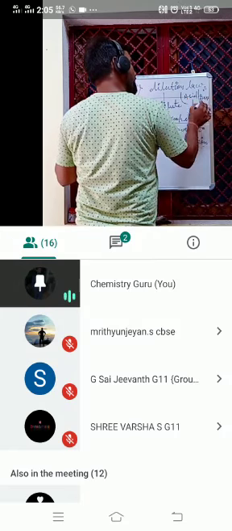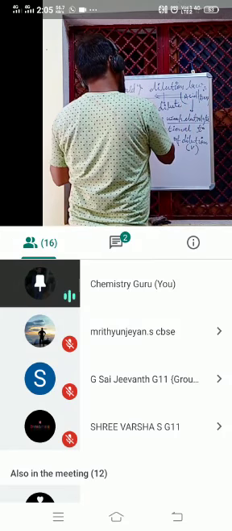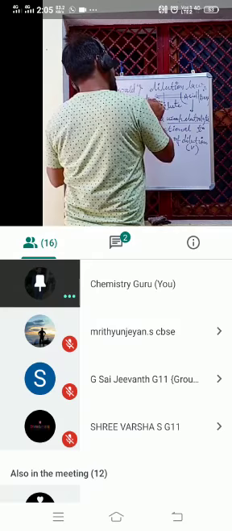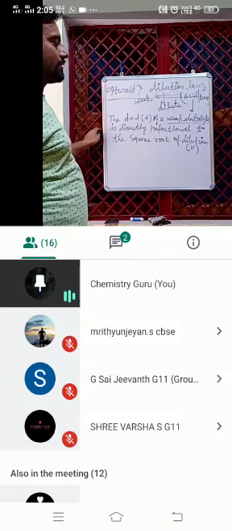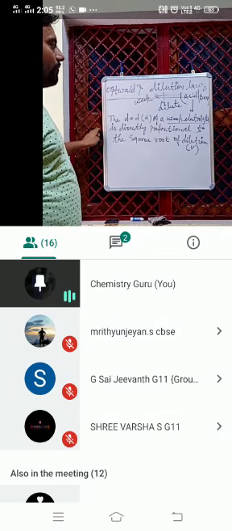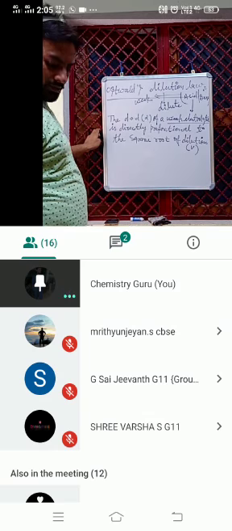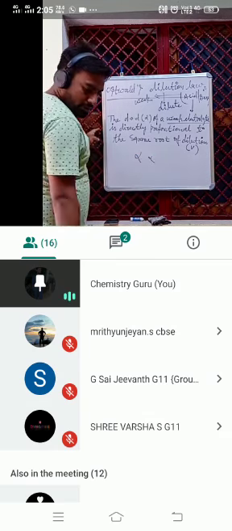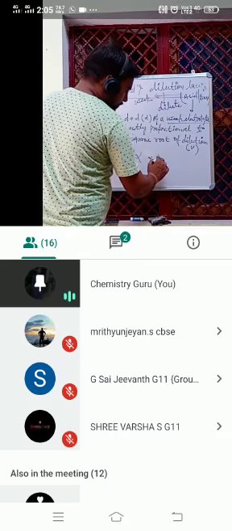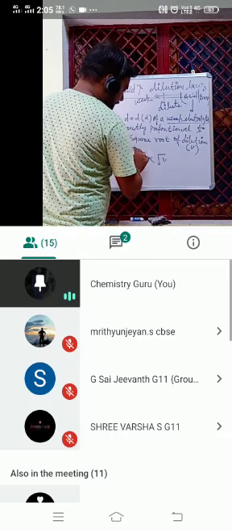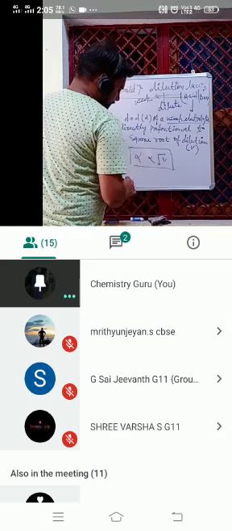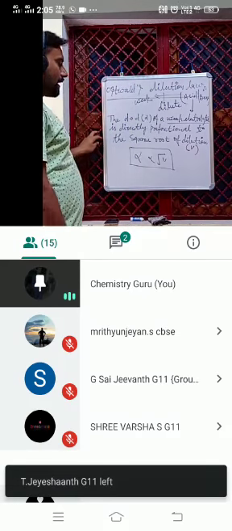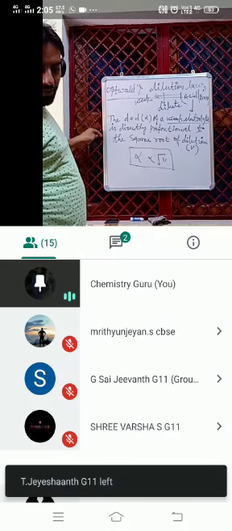Which type of acid and base? Weak acid and weak base. We are talking about weak acid and weak base. The main concept is alpha is directly proportional to under root V.